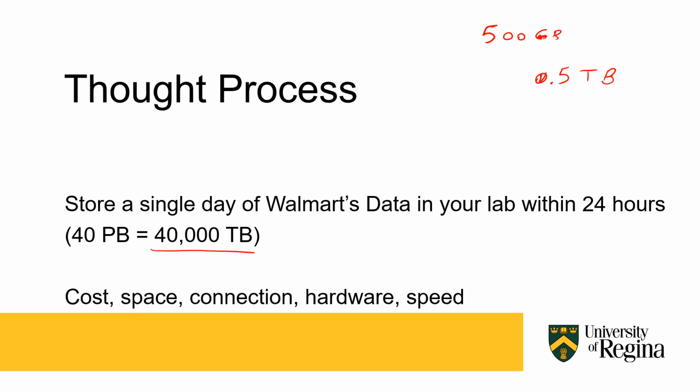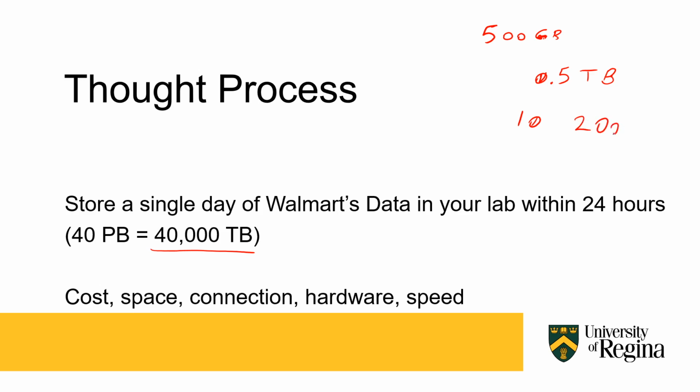You could go and try to buy an external hard drive, which is around 8 to 10 terabytes right now. You can buy them for around $200, if you get a discount.